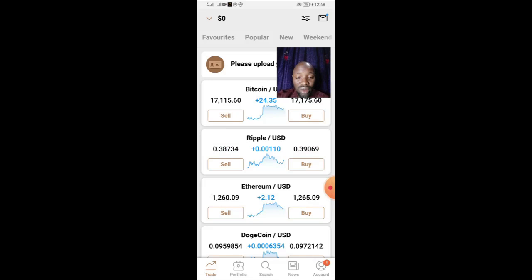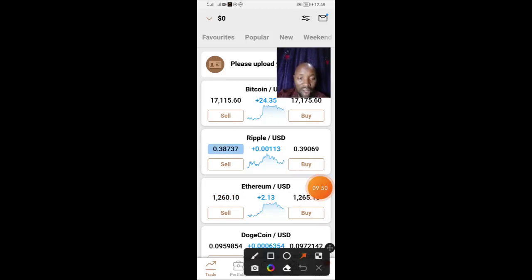Now here, when you look at the commodities we have, this is just the crypto market line down here. The favorite, when you see the pairs, this is Bitcoin and USD. Then this is Ripple USD, this is Ethereum USD, this is Dogecoin USD.